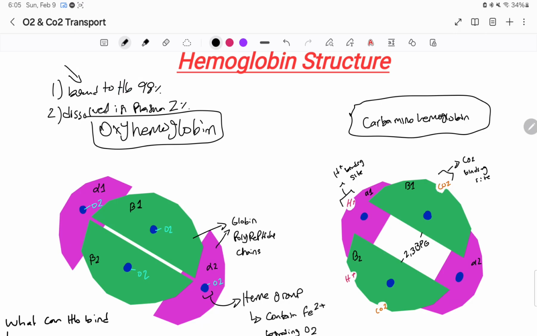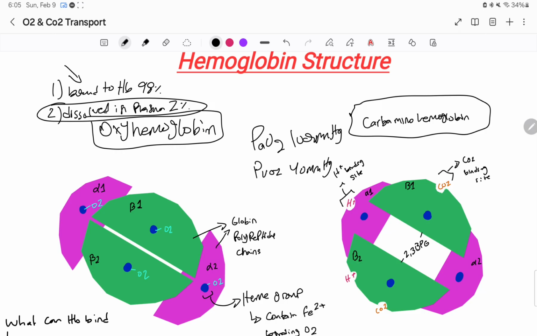So that means that when I say the partial pressure of the arterial oxygen is about 100 millimeters of mercury, and that the partial pressure of venous oxygen is about 40 millimeters of mercury, I'm not actually referring to the oxygen-bound hemoglobin. I am actually referring to the dissolved oxygen in the plasma.